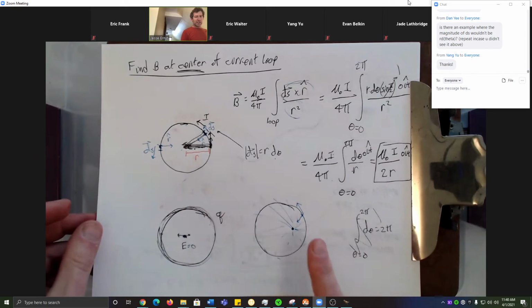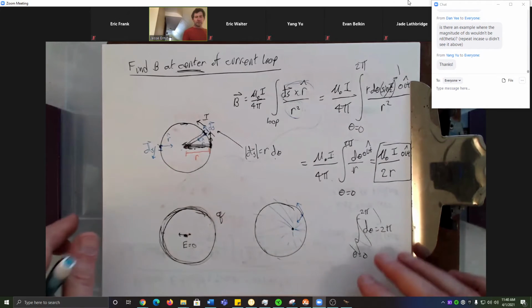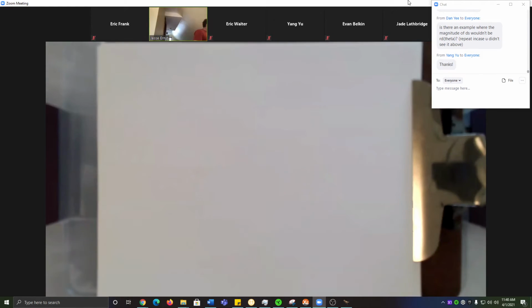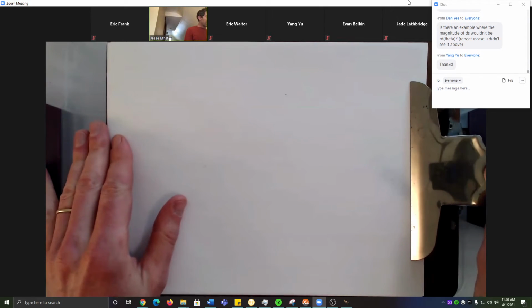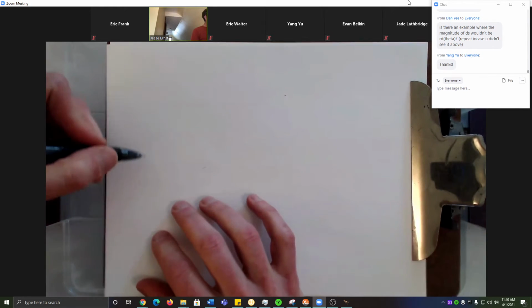All right, so questions on this one, and then we'll do one that doesn't work out quite as simply. Okay, so let's try a different example. So all we've done now is derive the B field at the center of a loop. What about this case?